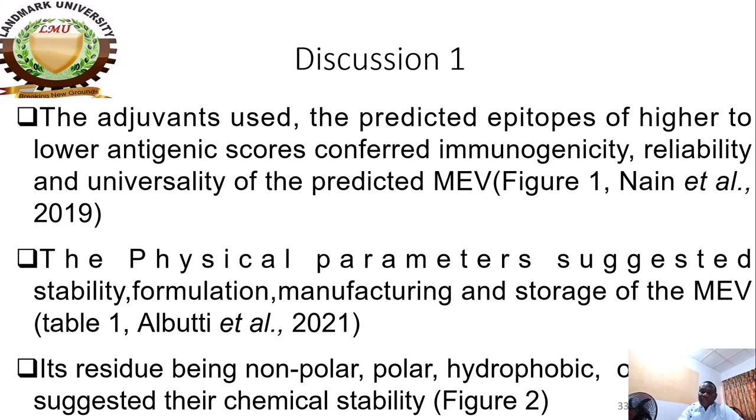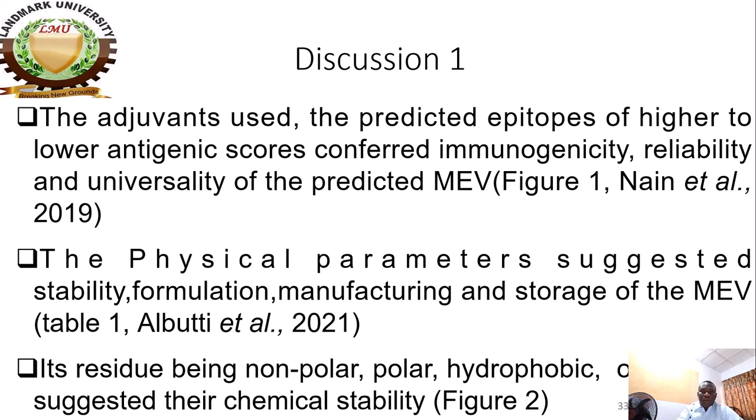Also, the physical parameters suggested stability of the predicted vaccine in formulation, manufacturing, and storage. The residues of nonpolar, polar, and hydrophobic aromaticity suggested that the predicted vaccine is also going to be chemically stable.